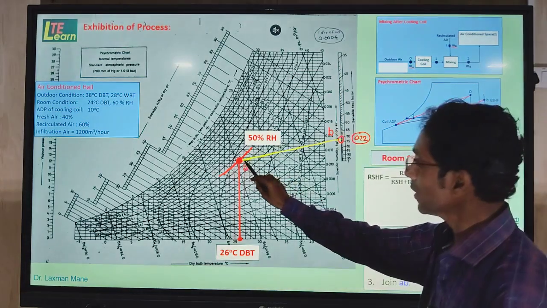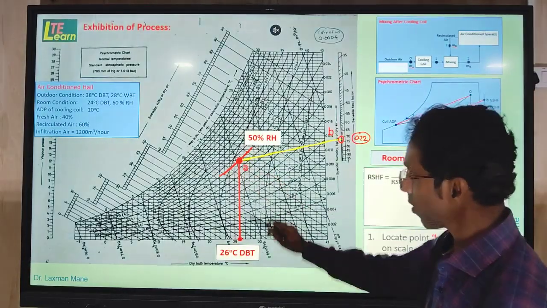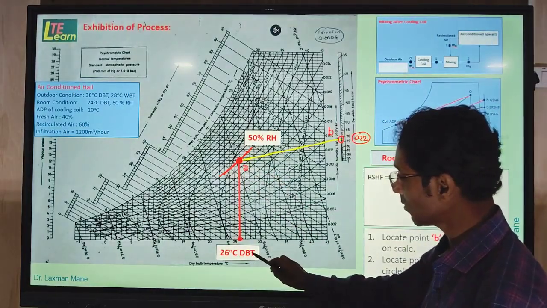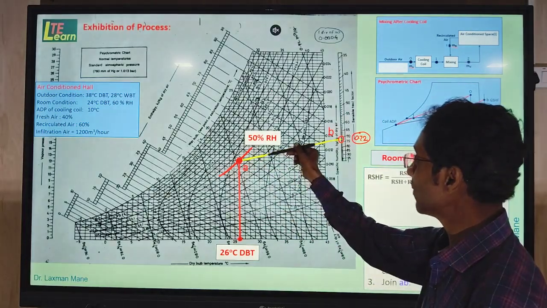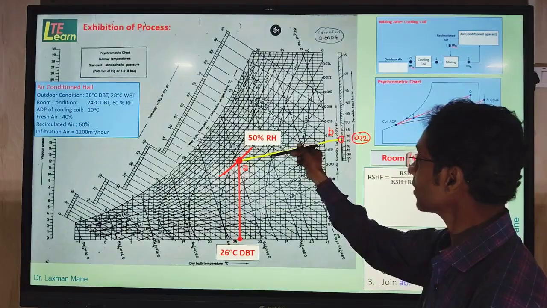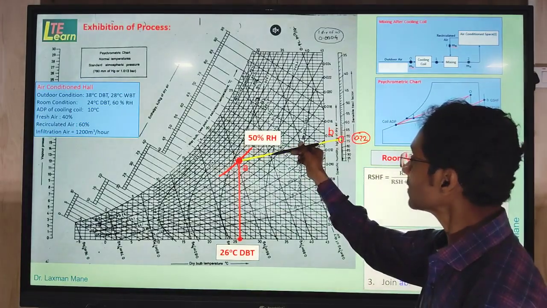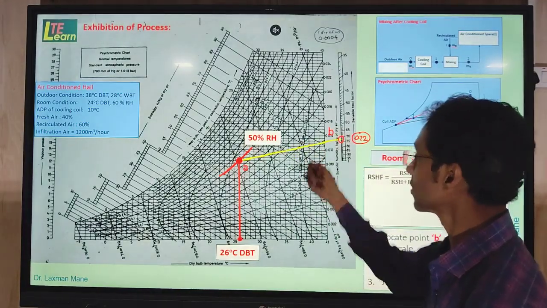Then we locate point A on the alignment circle, which is a combination of 26 degrees Celsius dry bulb temperature and 50% RH. Then we join this line AB. This line is a reference line to draw the room sensibility factor line in a further step.